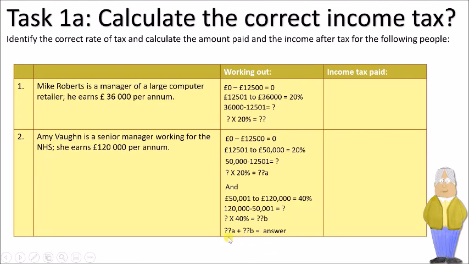So we need our answer from the second slice, A, and the answer to the third slice, which was B. Add the two of them together and you get Amy Vaughan's income tax bill, because she's got 3 different layers, and you've worked out her first layer, which is no income tax, her 20% layer and her 40% layer. So you've now worked it out for her.